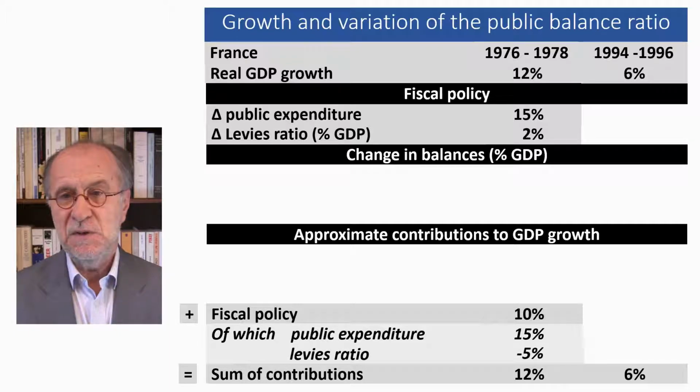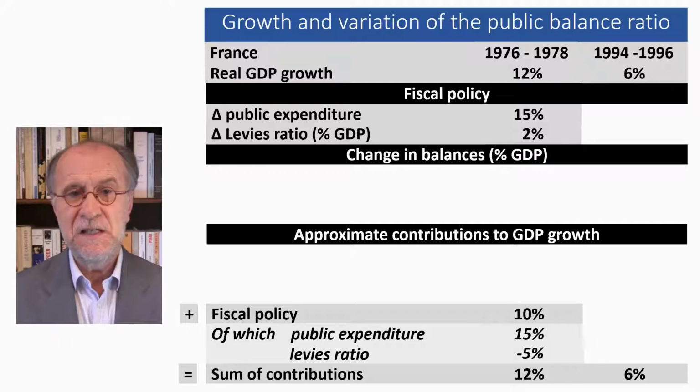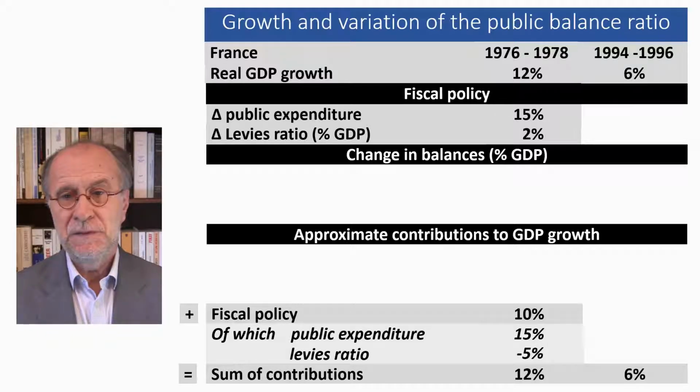Nevertheless, as we saw earlier, growth driven by fiscal policy does not affect the public balance ratio directly, but it can affect it indirectly if the economy's growth is stronger than that of its trading partners, thus dampening the external balance. That's not what happened, however.